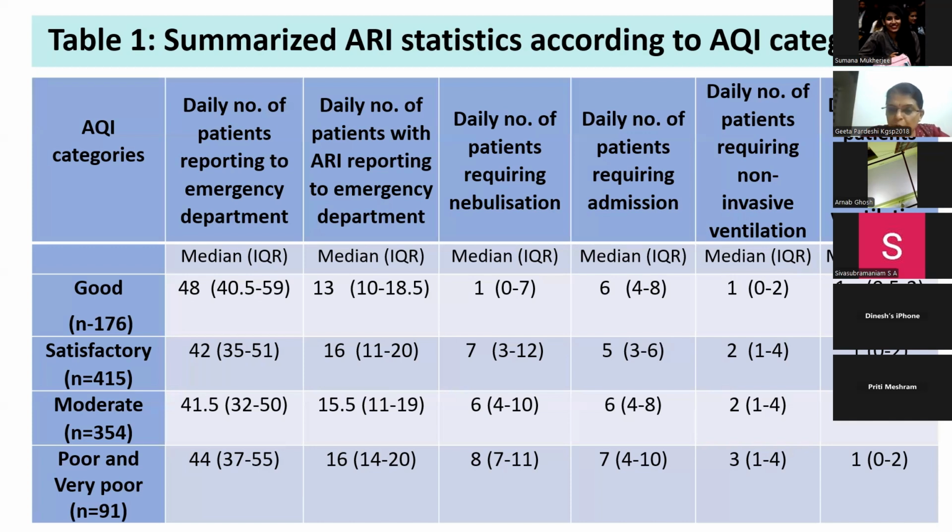What we saw in the violin plot also is that both the outcome and the exposure have outliers. So this is just a rough idea of what is happening as the AQI categories worsen. This is not the final distribution or the end of the story.